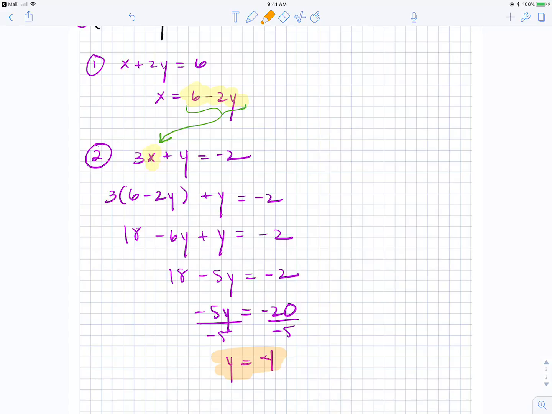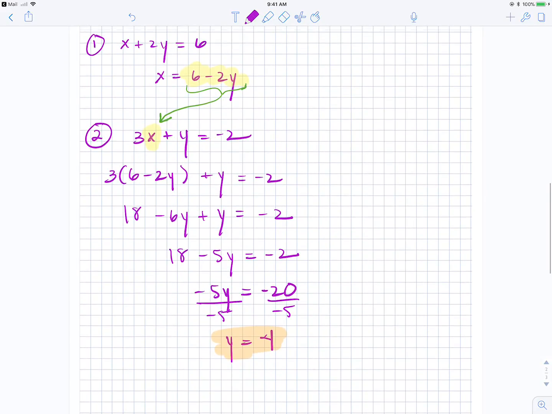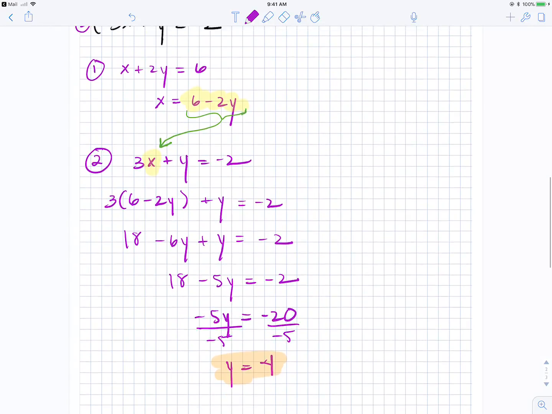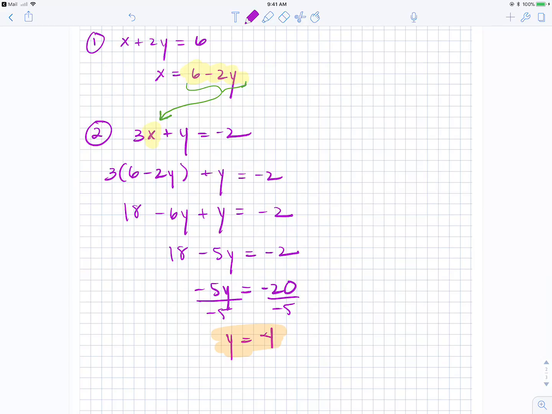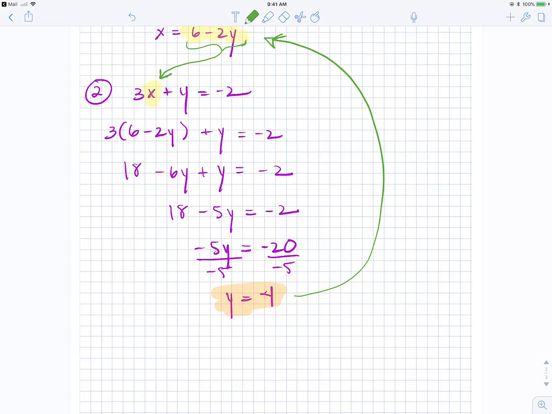our value for y. And now we can find x by substituting 4 in for y in one of the equations above. And it's usually the most efficient to just take that 4 and substitute it into the equation where x is already solved for.